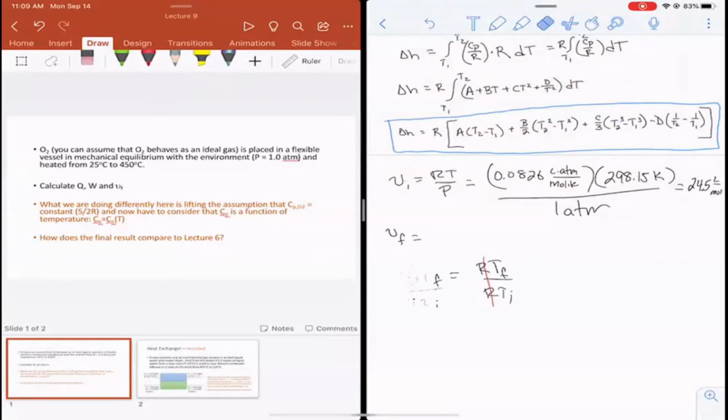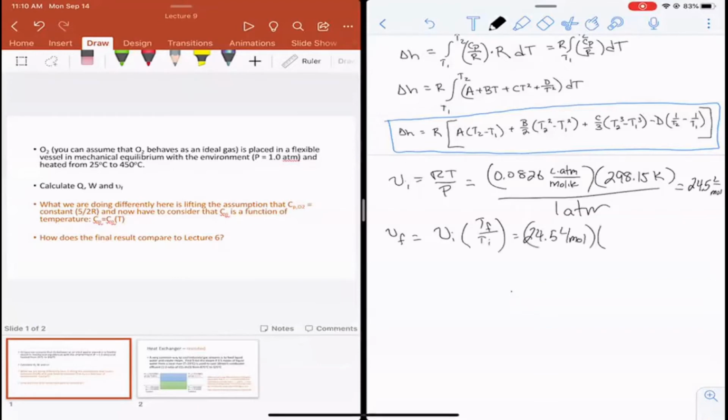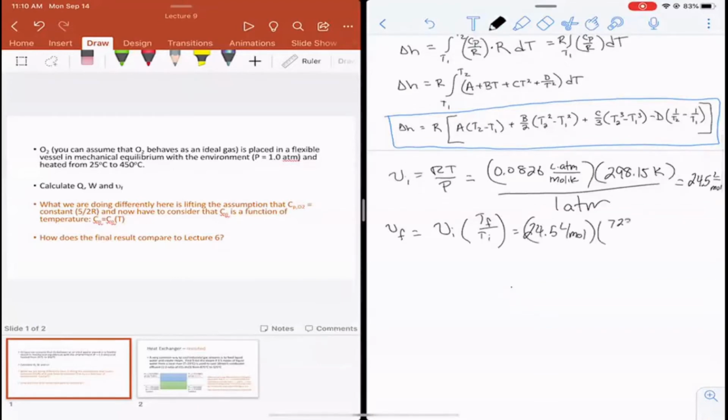And what we're left with is just a simple relationship that the final specific volume is equal to the initial specific volume times the ratio between the temperatures, right? T final over T initial. So that gave us 24.5 liters per mole times the final temperature was 723.15 Kelvin, then divided by 298.15 Kelvin. And that still gives us the same answer here, right?